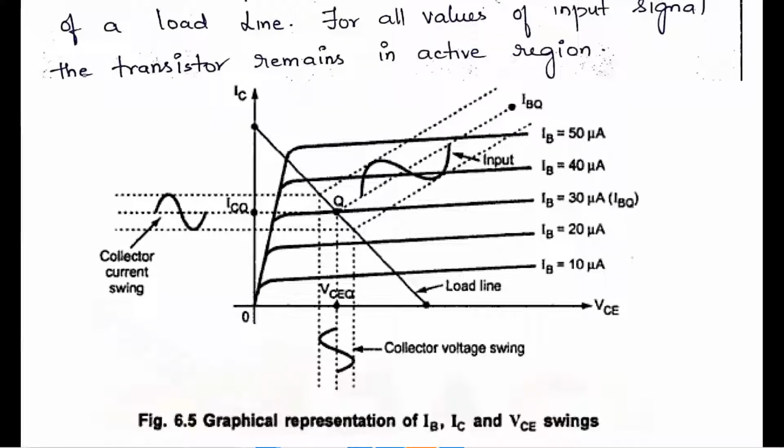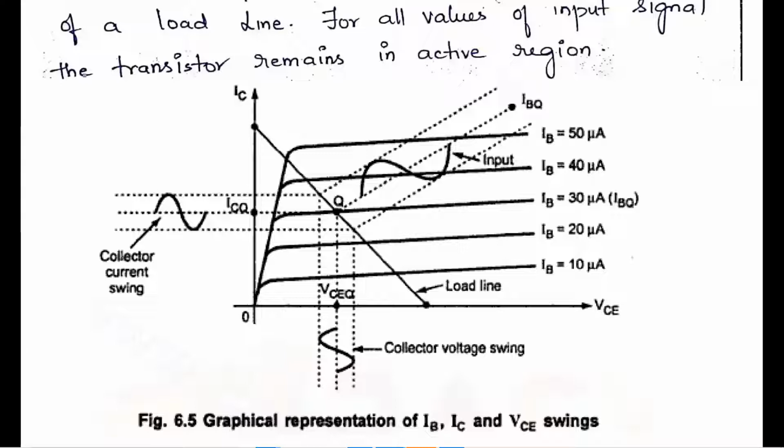Why does the transistor act as an amplifier? If you study the output characteristics carefully, a small change in base current in the microampere range reflects a very large change in collector current, usually in milliampere. That is what is responsible for the amplification provided by the transistor.